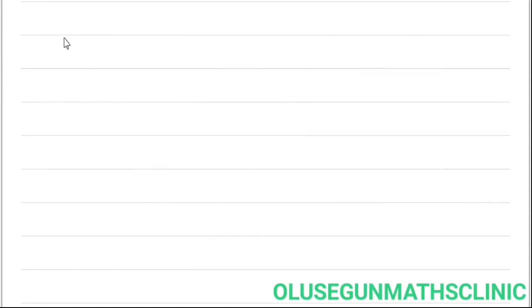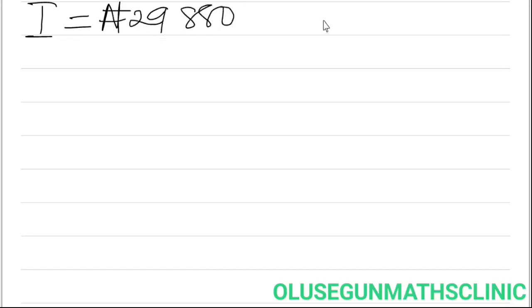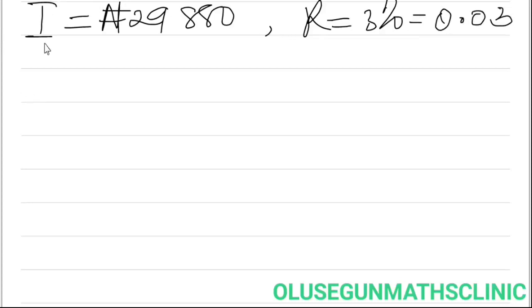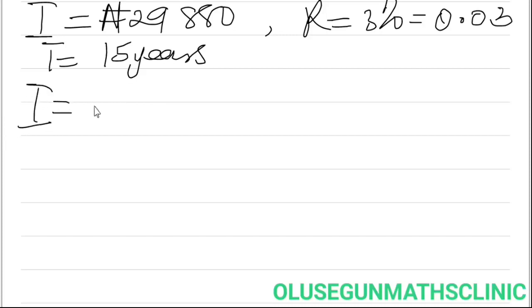We have an interest of 29,880, and the rate given is 3%, which is 0.03. The time given is 15 years. The formula is that the interest is principal times rate times time over 100.